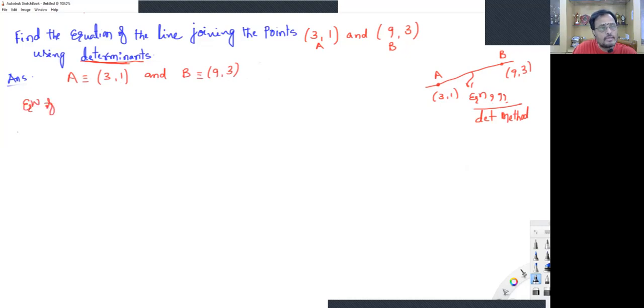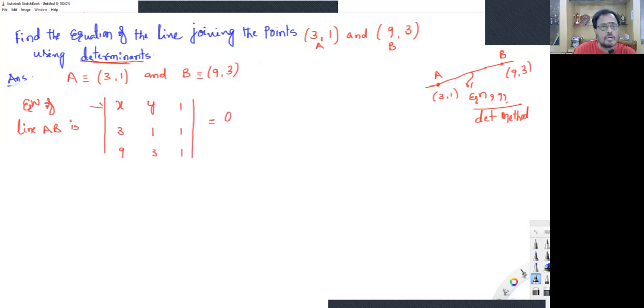First we write the determinant: the first row x y is fixed, the first given point is 3 comma 1, the second given point is 9 comma 3, and the third column is always 1. Since we are finding the equation, don't forget that the determinant is equal to 0.